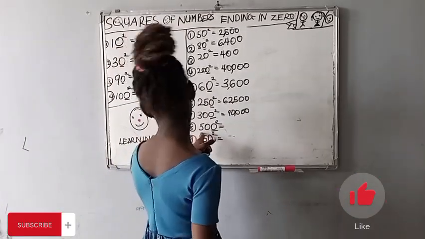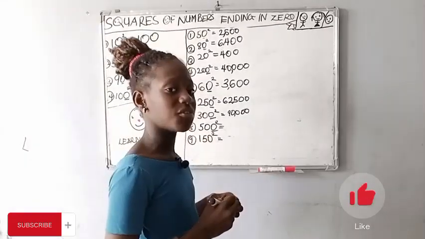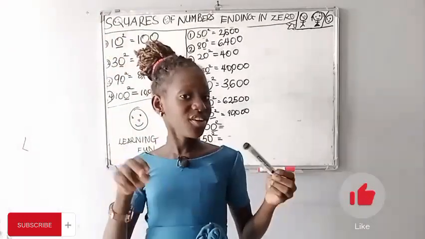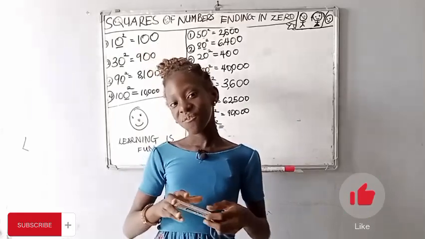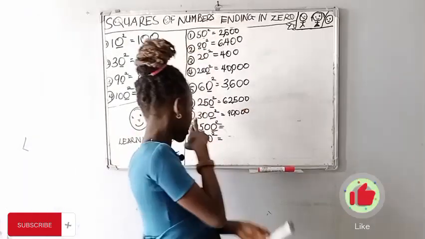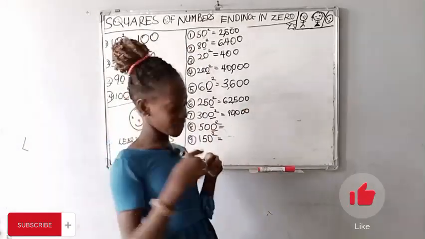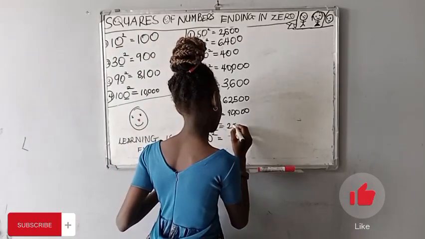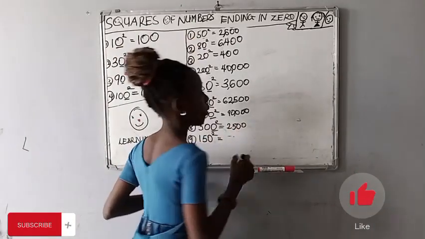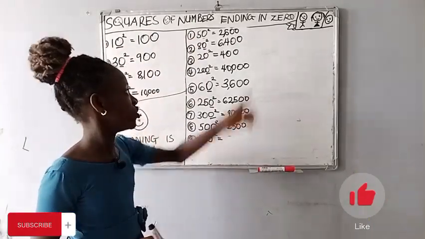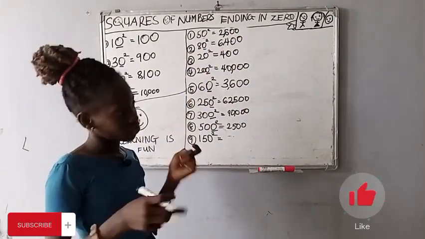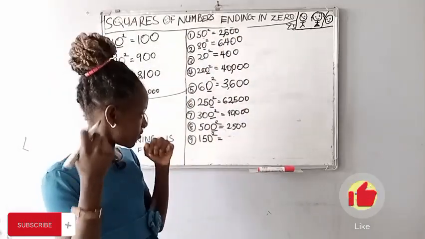50 squared is what? Who can tell me what 50 squared is? I already know what 50 squared is. Just from my brain by looking at it, it is 2,500, because we already solved it in question 1. So we just know that's 2,500.